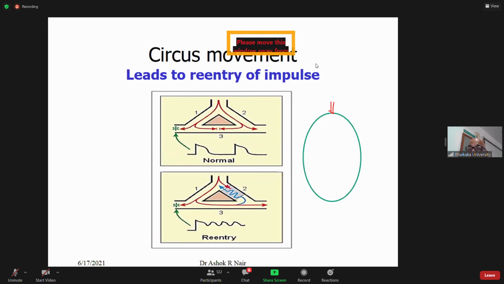This impulse you have stimulated at this point is spreading in this direction and reaches back to the point of origin. It is not able to re-enter because this region is in the absolute refractory period. In which conditions can this impulse re-enter?